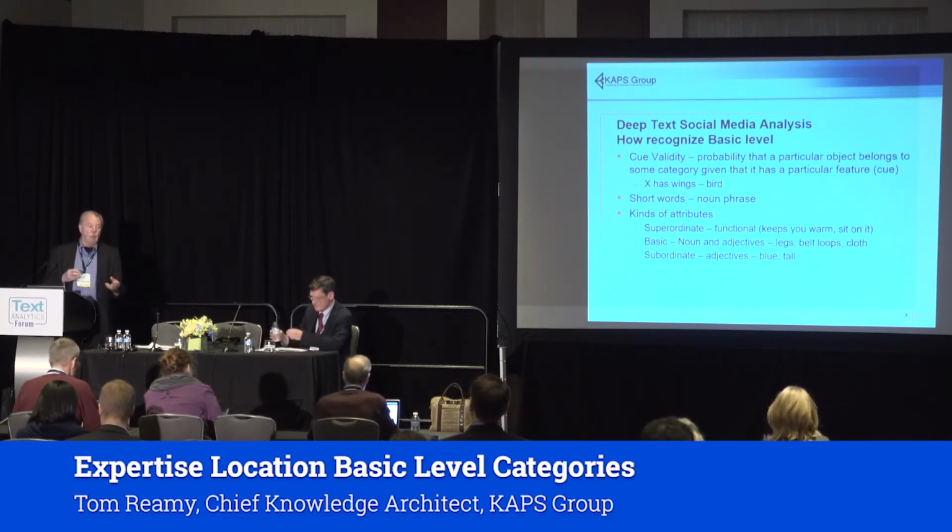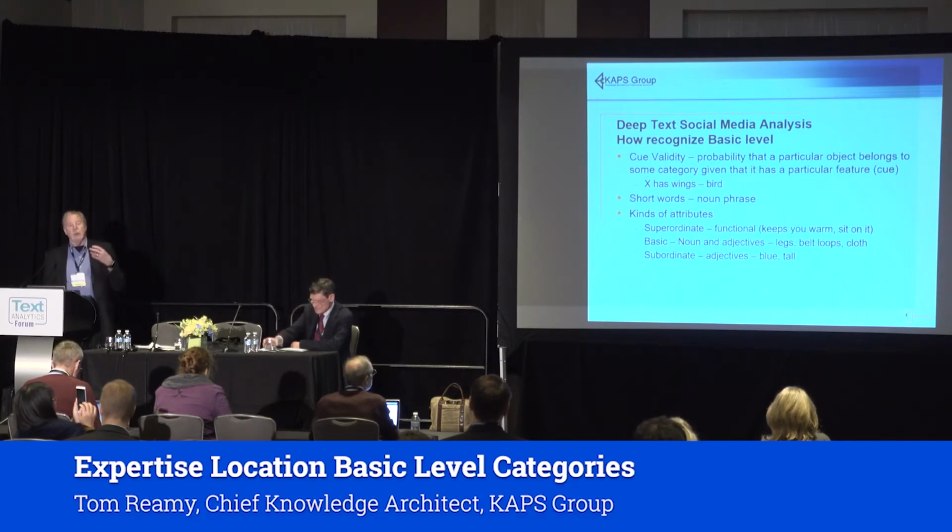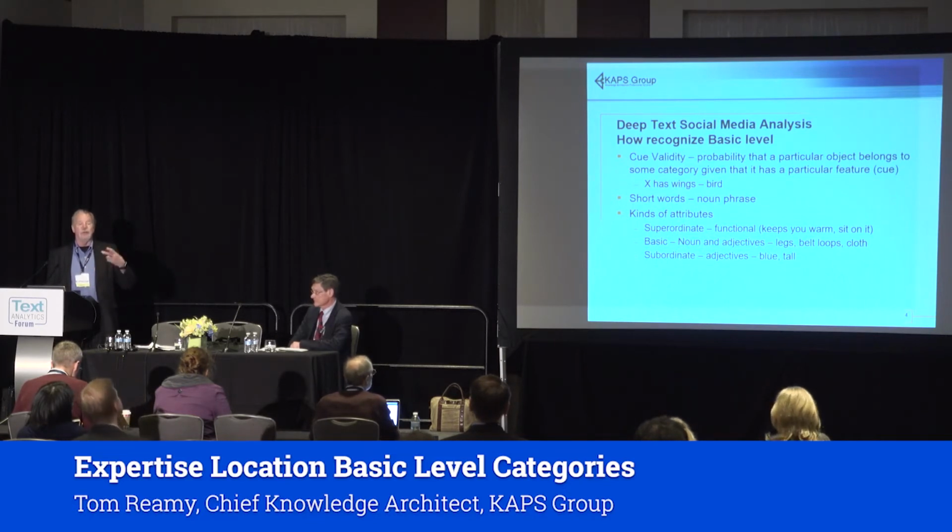For example, a golden retriever has specific types of adjectives associated with it. And basic level has collections of properties. That's another way to recognize that you're looking at a basic level category. The point is that we can build categorization rules to take advantage of this.